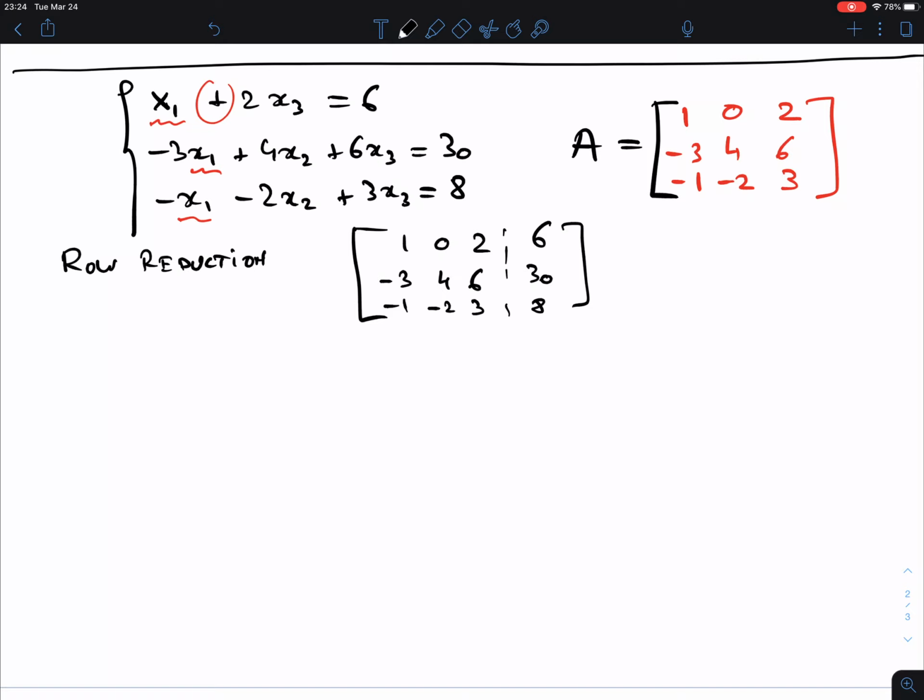These are the constants here. Then we row reduced, and once we have this in echelon form, we can read off the equation.